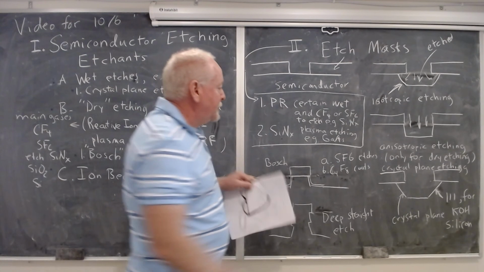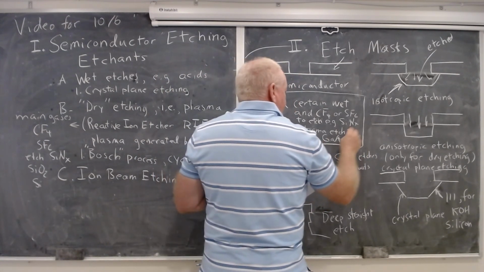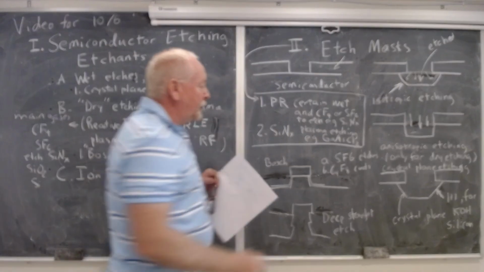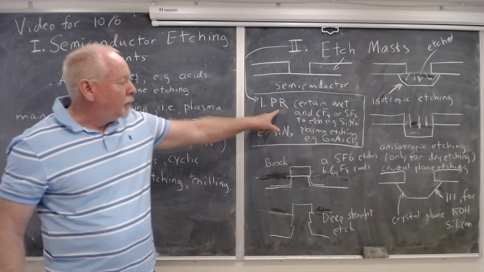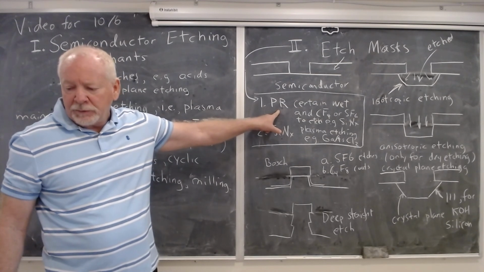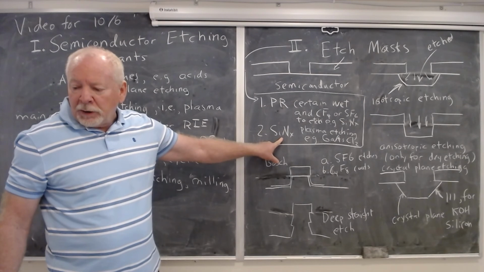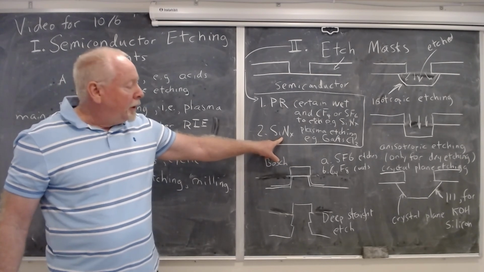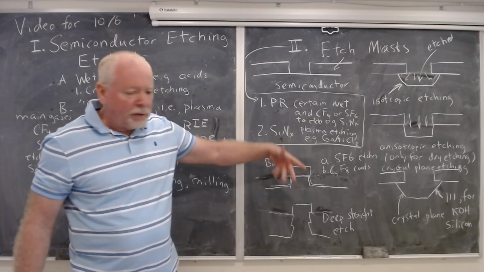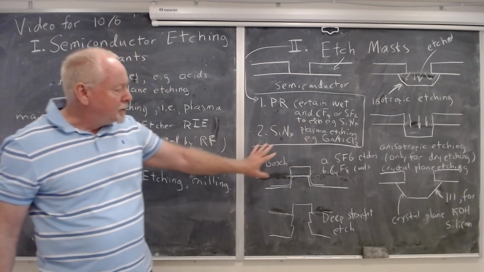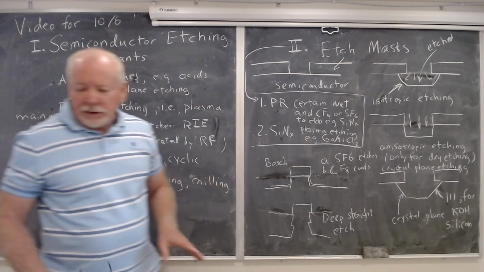The plasmas are usually chlorine-based, and those plasmas will attack photoresist, and so photoresist can't be used as an etch mask. But silicon nitride will stand up to them, and so you use silicon nitride as an etch resist stencil when you need to do more aggressive etching.